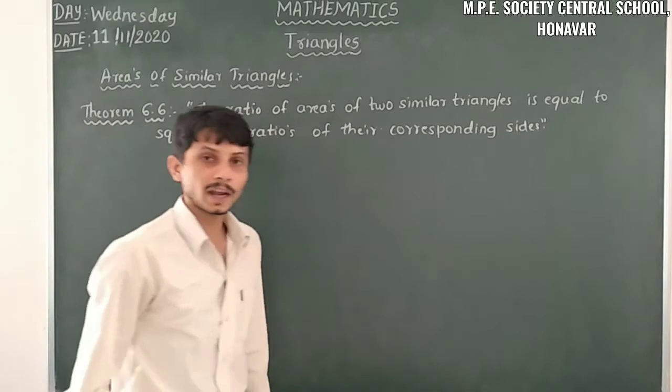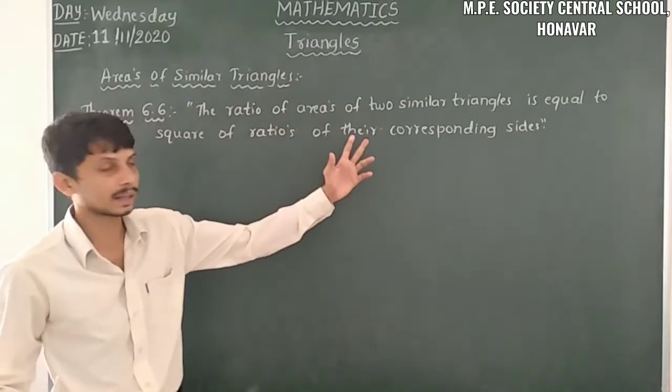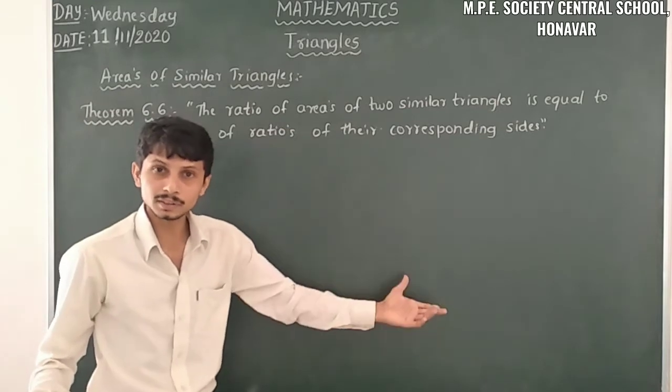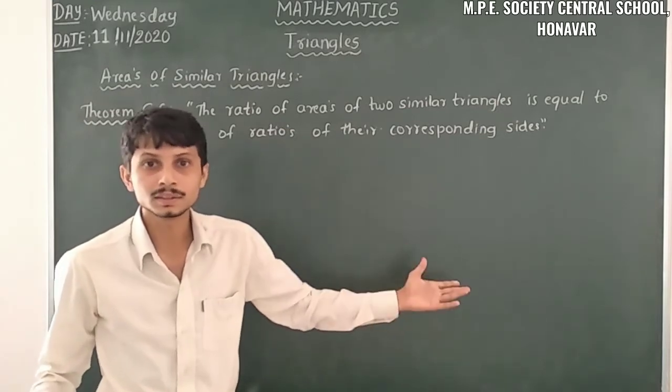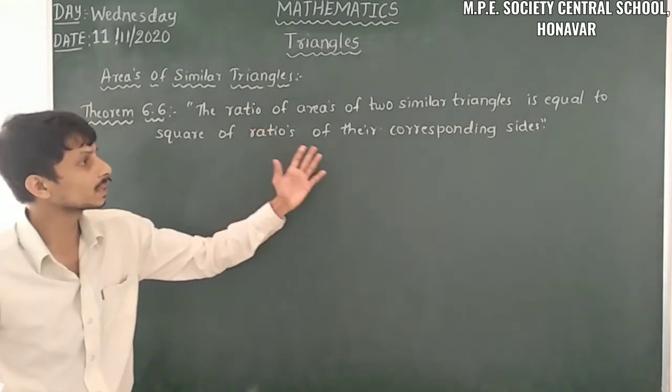So that means here we have two similar triangles. So we have to take two similar triangles. It is confirmed that whatever triangles we take, those two are similar.